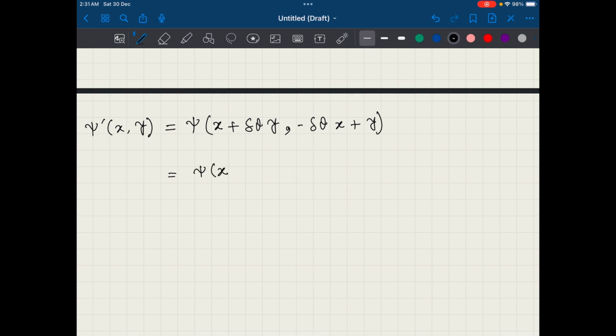So this becomes delta theta y, you can think of this as delta by delta x of psi, plus minus delta theta x, you can think of as delta by delta y of psi.